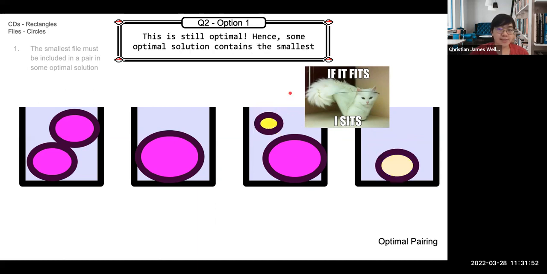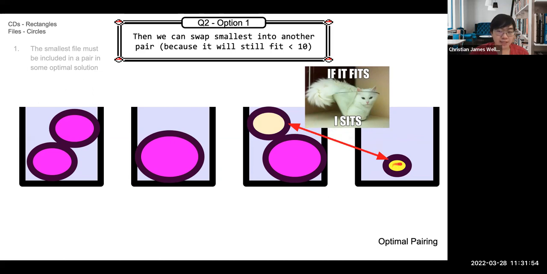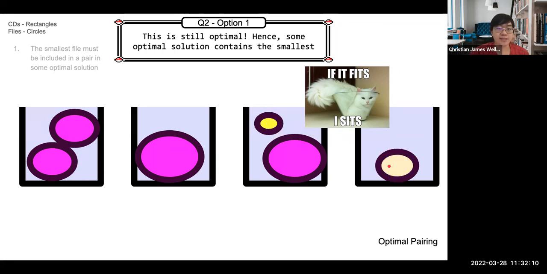Why? Because this guy is the smallest. The yellow one here alone is the smallest. Clearly, it can fit once you take the bigger guy out. So this guy always fits, no matter where you choose to swap it into, because it is already the smallest. So this is still optimal.